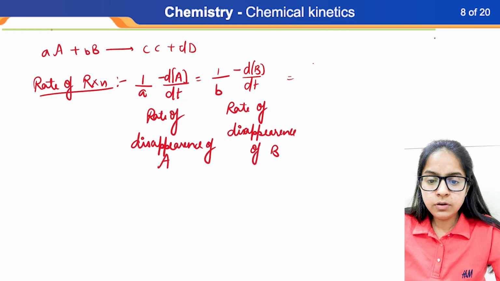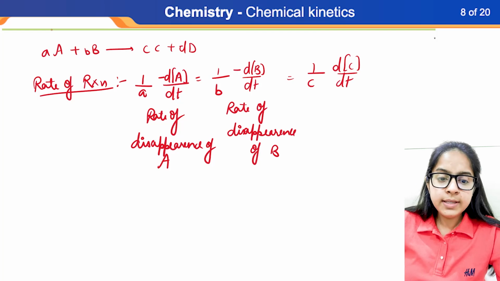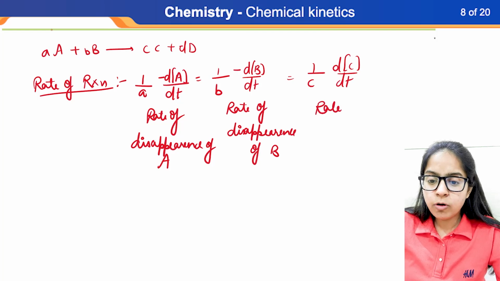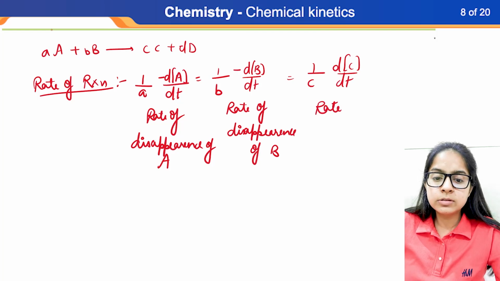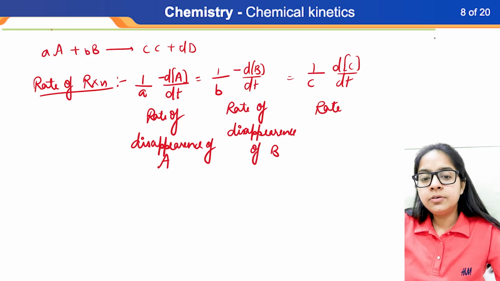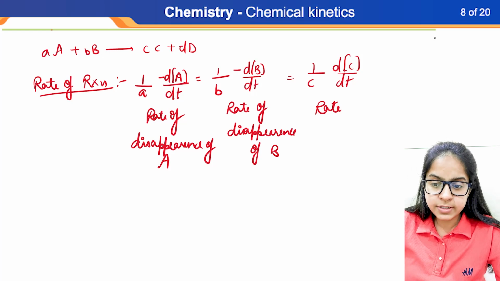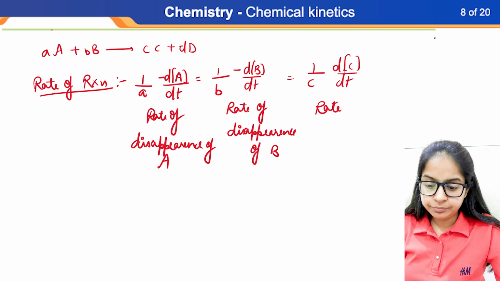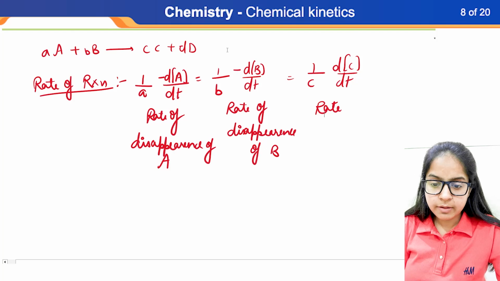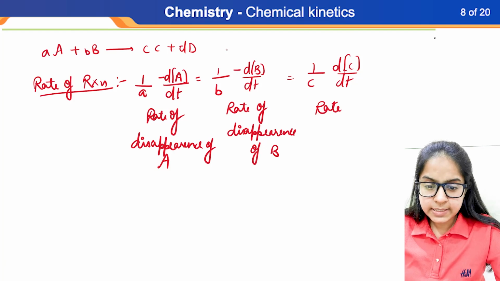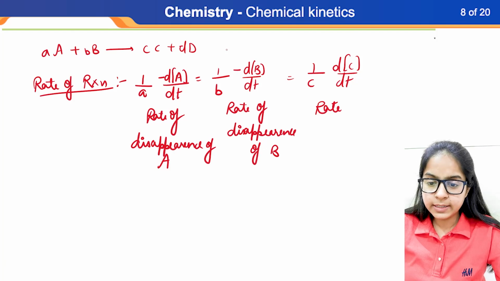Okay, it is equal to 1 by C dC by dt. Now it is the rate of appearance. I have already told you the reactant is also going to decrease. That's why we need to put a negative sign to have a positive value of concentration. So that's why we are putting a minus sign over here, but we are not putting a minus sign over here.